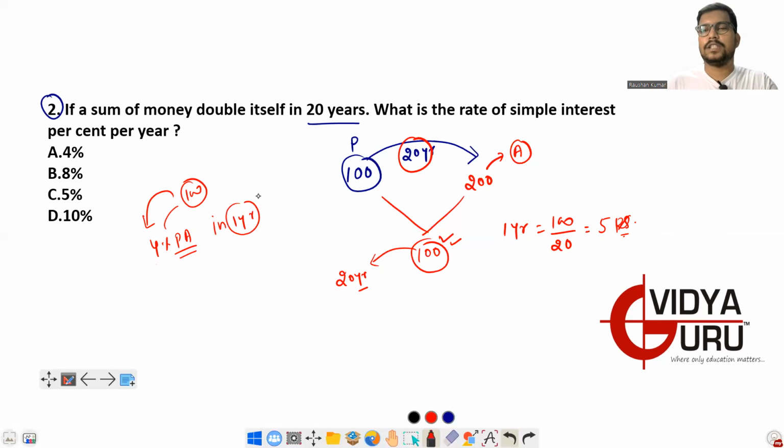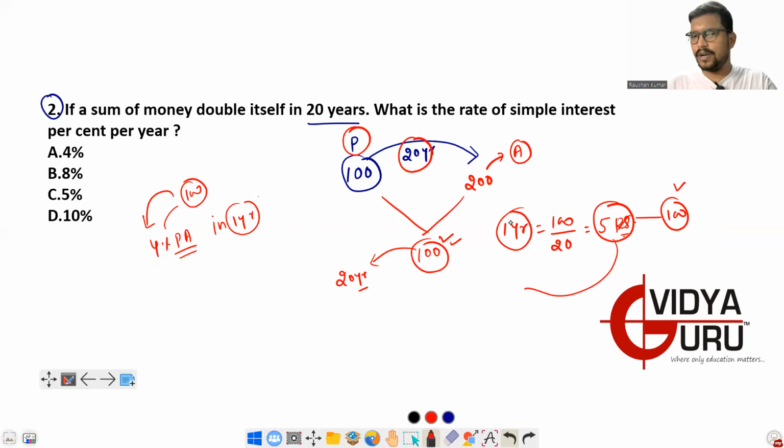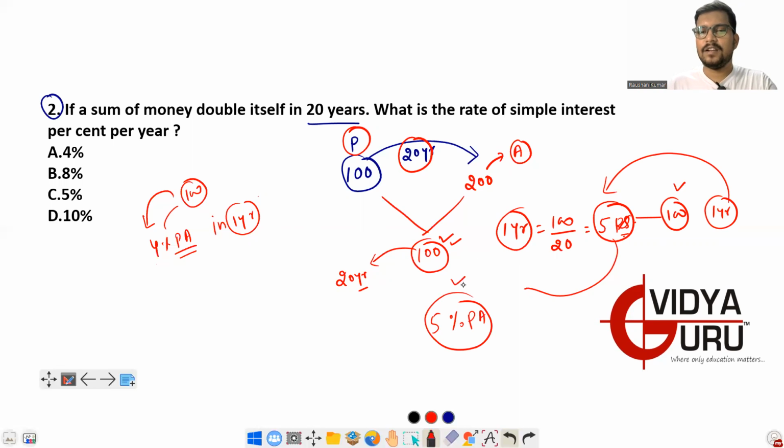So here we are getting 5 rupees, and this 5 is on a principal of 100. So 5 rupees on 100 in 1 year is nothing but the rate of interest. So your rate of interest will be 5% per annum. This is the answer, should be your C part. So C should be your right answer.